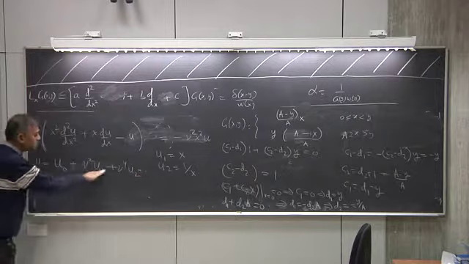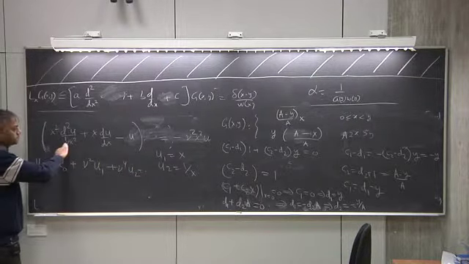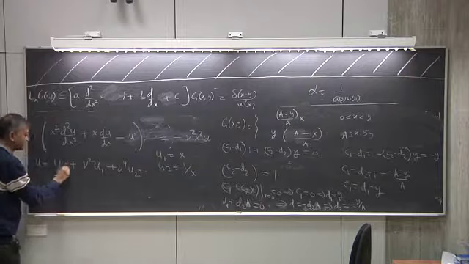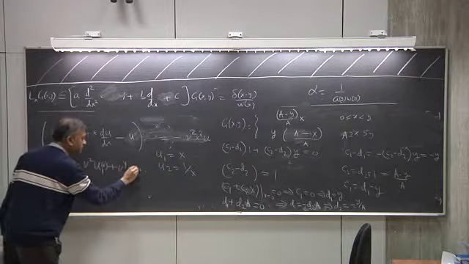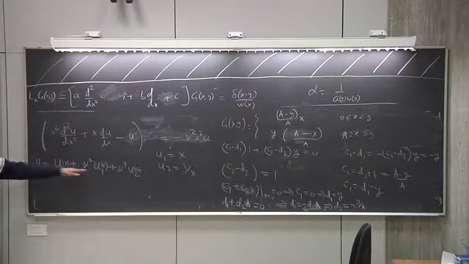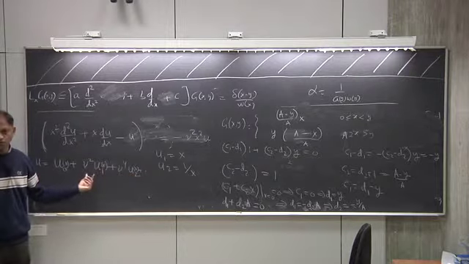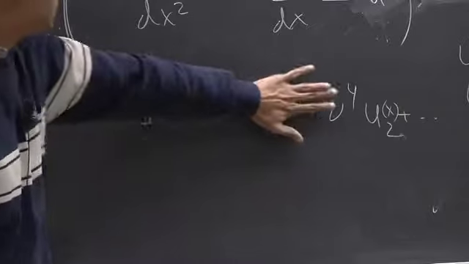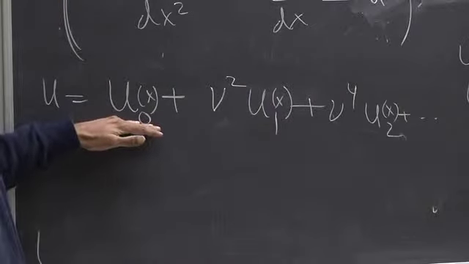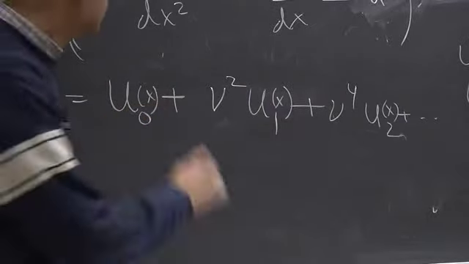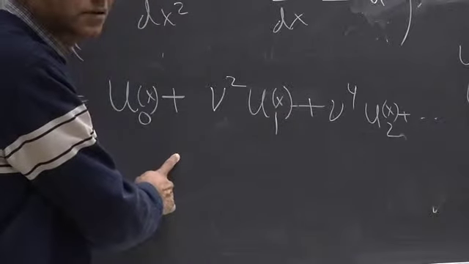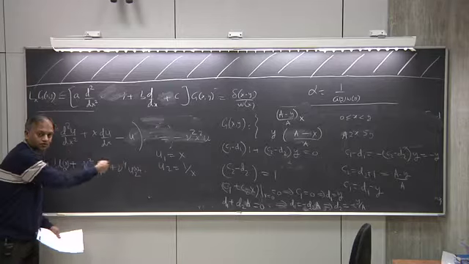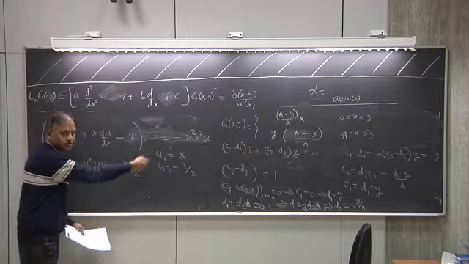These are functions of x. But you might try to imagine making such a series expansion in nu. If nu is 0, then of course u naught already gives a solution. But if nu is very, very small, maybe this is a pretty good approximation. No? And so on. So if you want to be more precise, you go to the next order and so on.